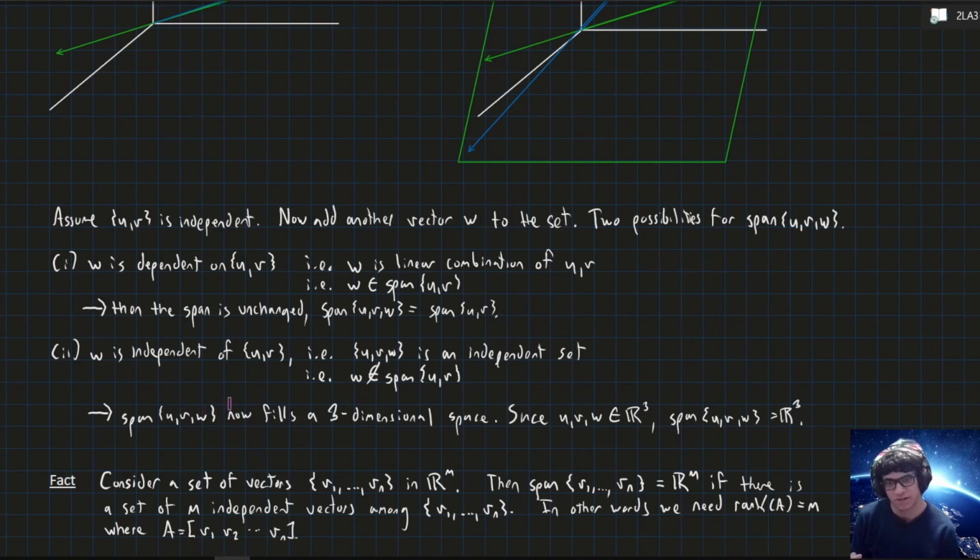Okay? Remember, a fact we stated before was that if you have more vectors than dimension, that set is automatically dependent. So in other words, there cannot be 4 vectors in R3 that are independent.